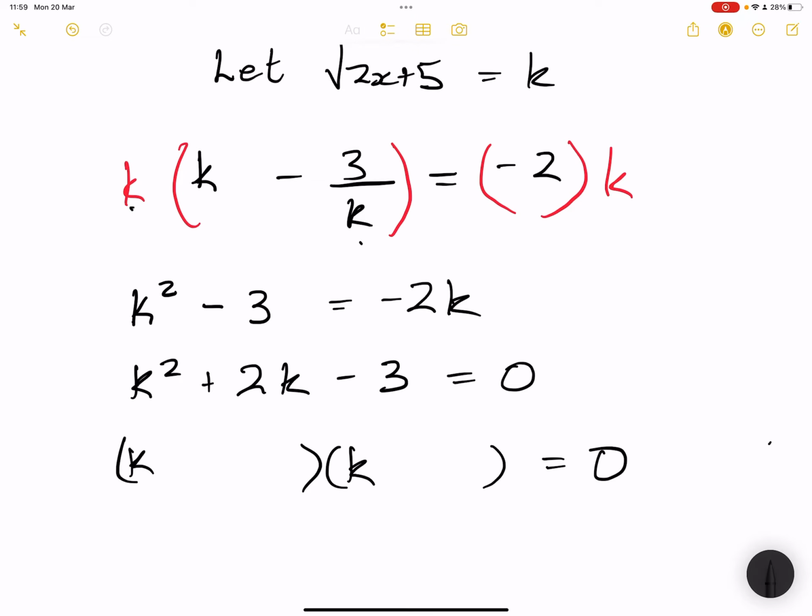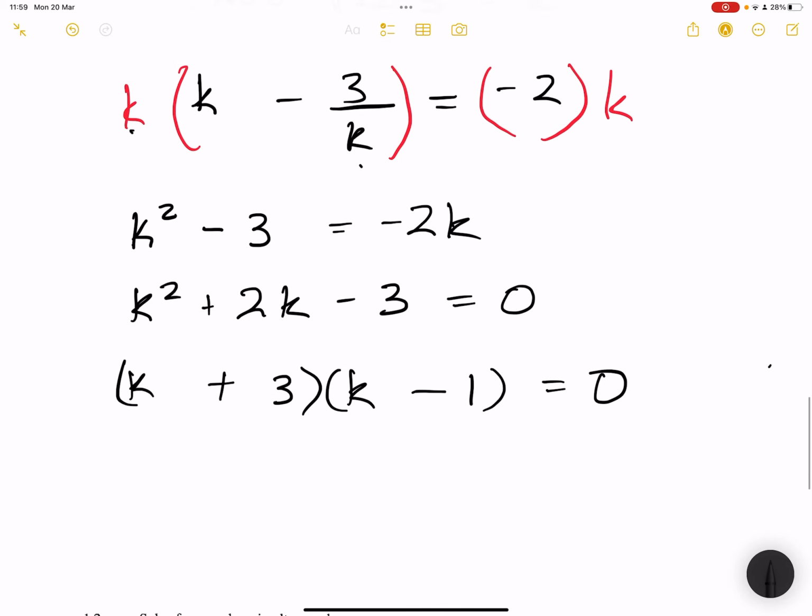Okay, so let's open those brackets there. That's k and k. That's going to be 3 and 1 in this case. Okay, that's going to be plus and minus. Of course, I'm going through this very quickly because I'm assuming that you would have watched our videos on factorization, right? So k is equal to negative 3 or k is equal to 1. Now, let's evaluate in this case.